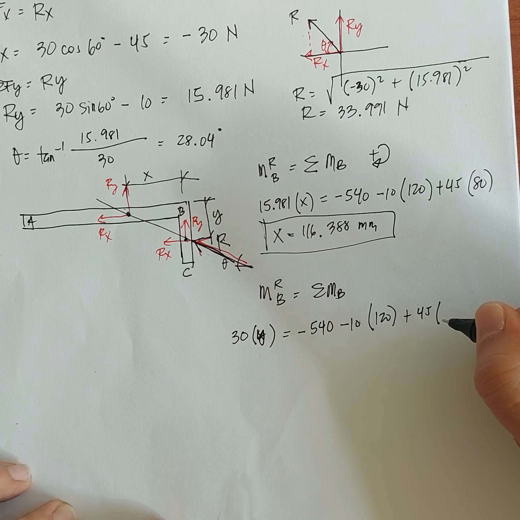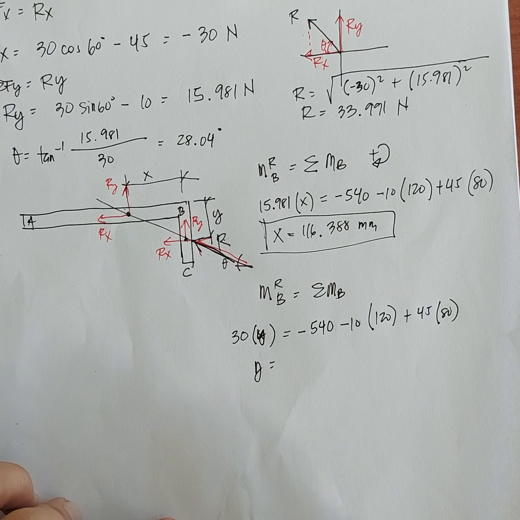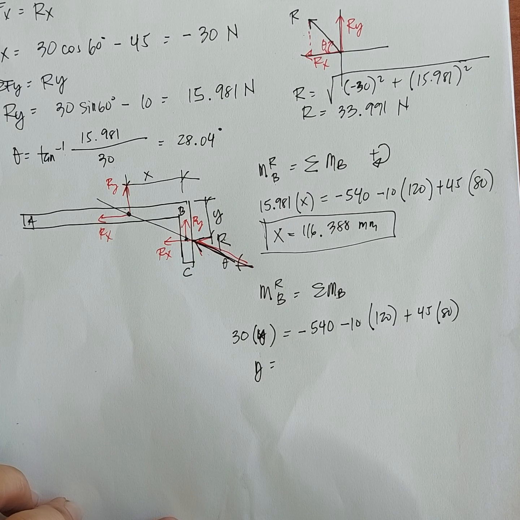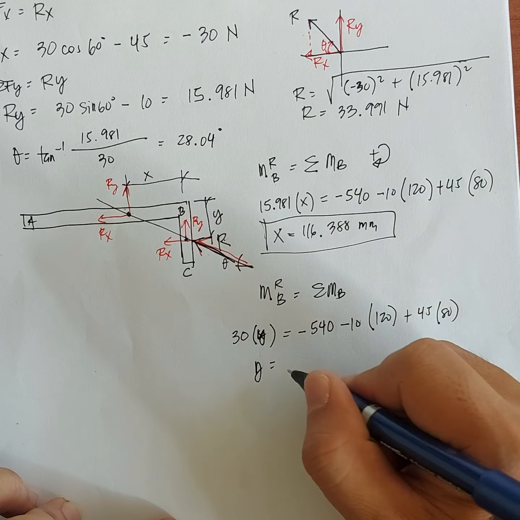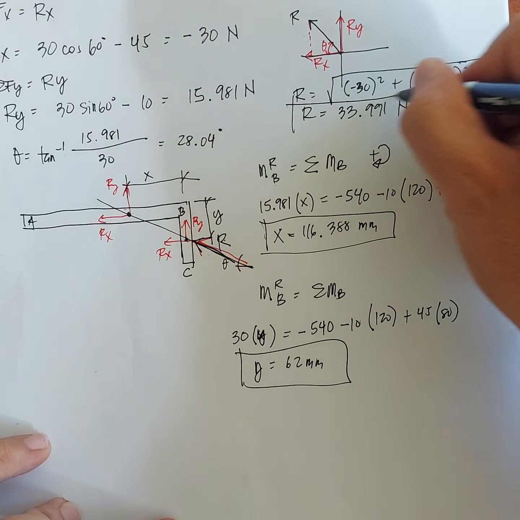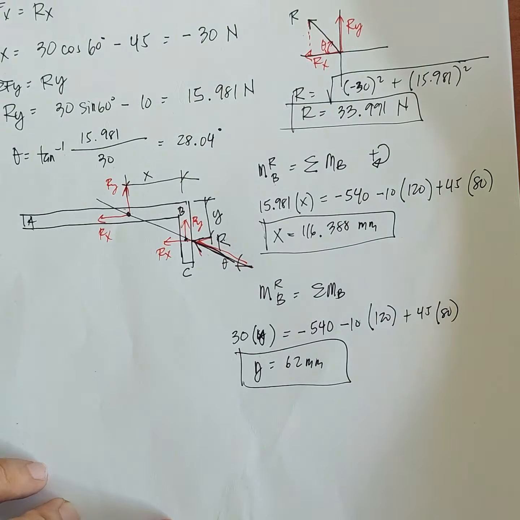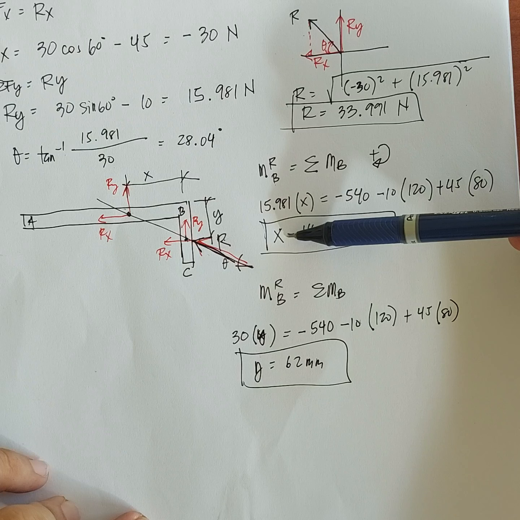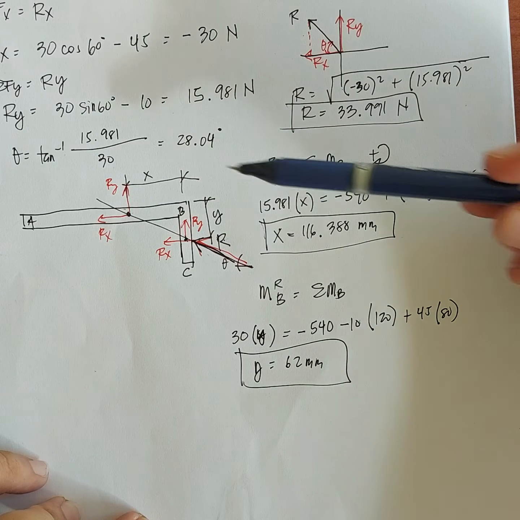Okay? So what is Y? Y is equal to 62 millimeters. Okay? So that's it. Ito yung points of intersection relative to point B, ano?